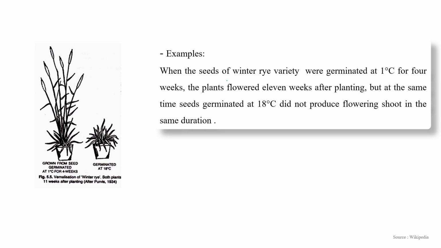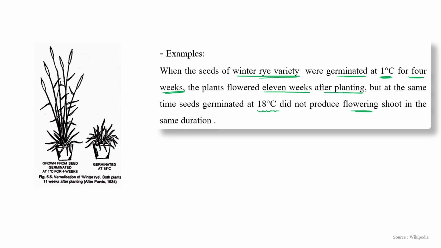For example, when seeds of a winter rye variety were germinated at 1 degree for 4 weeks, meaning chilling temperature for 4 weeks, the plant flowered 11 weeks after planting. But if we germinate the seeds at about 18 degrees, the plant doesn't show any kind of flowering.